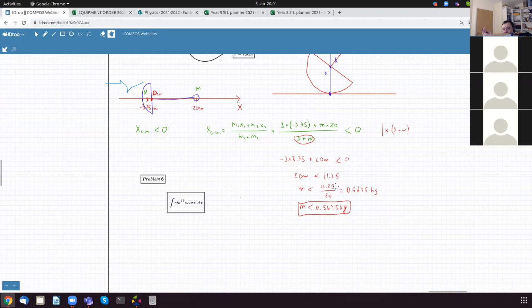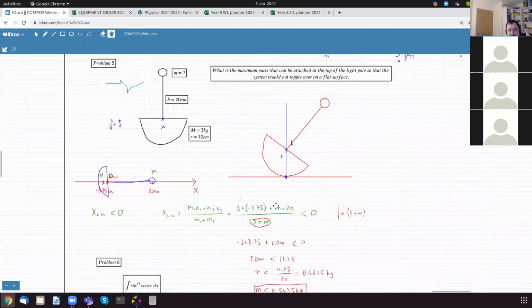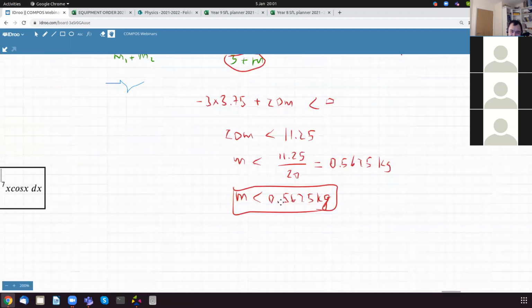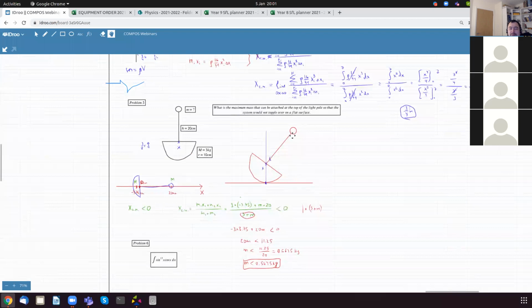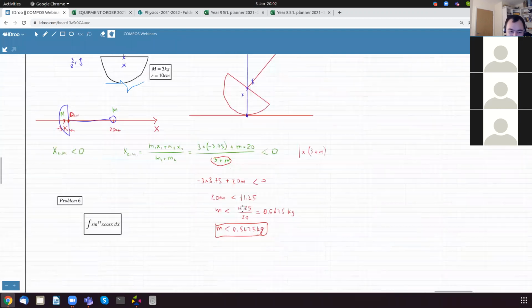You put it on the side and it stays on the side, but you kind of want it to go back. The way the question is asked, I think you can use less than or equal to. If it's 0, it would just lie on the side, but you want it to go back. I say won't topple over, so technically, if you're being strict, then yes, it's going to be less than or equal to.